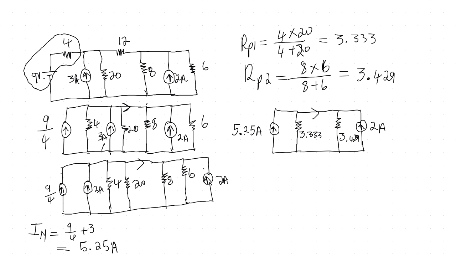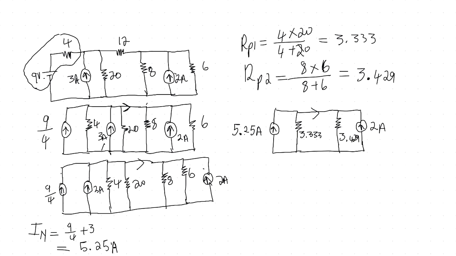Yes, I can't say this, because of the load resistance. So that means I have to convert this to voltage sources. Ne? All right. I have to convert this to voltage sources.